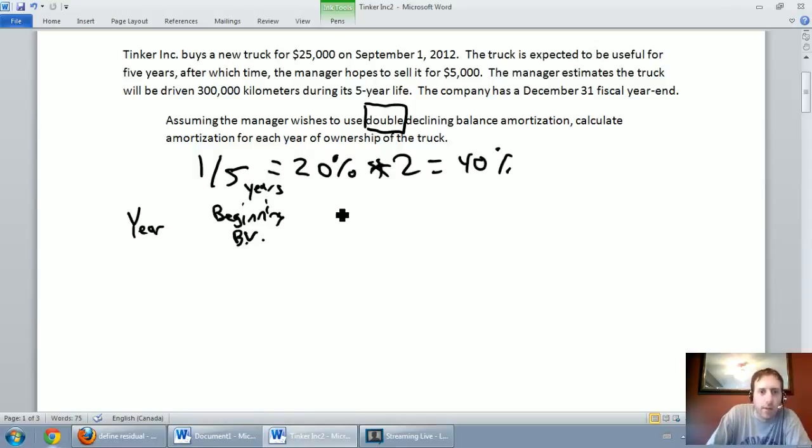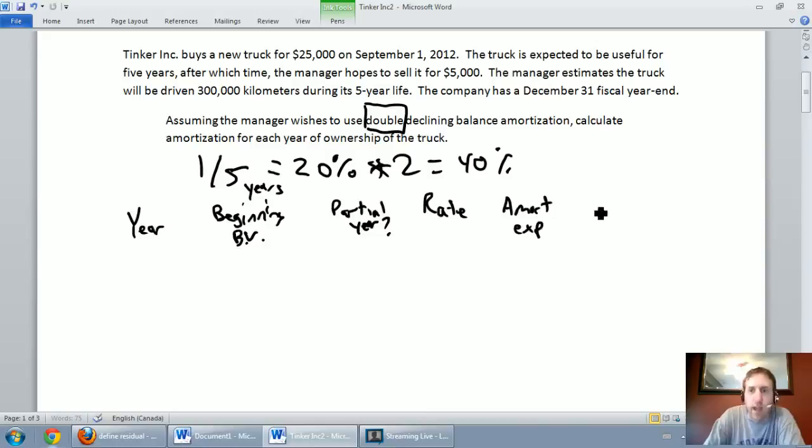I'll put a column here for partial year, and it's just for the first year really. If I have a partial year, I want to put the number of months down. Then I'm going to put the rate, which we calculated as 40%, our amortization expense, and our ending BV, or our ending book value of our assets.